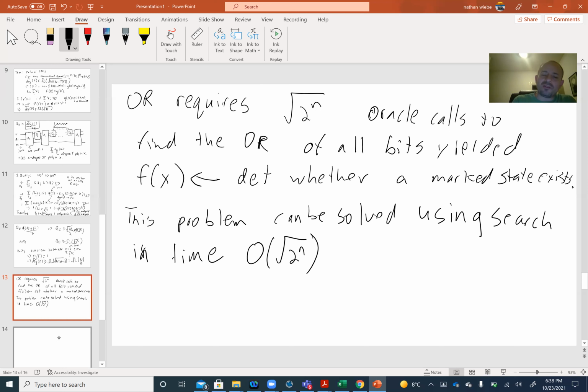And so that's what leads us to conclude that search, because we can use it to compute OR, has to be in omega square root 2 to the n, okay? And that is the final result.